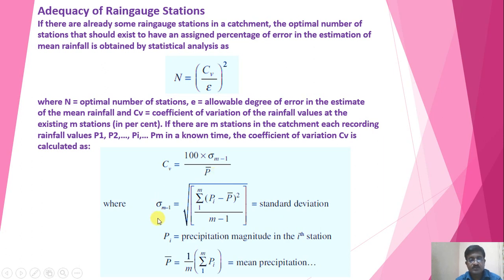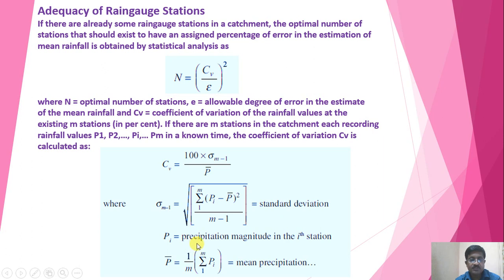This σ(m-1) is calculated with this formula: the square root of the summation of (Pi - P bar)^2 divided by (m-1). This is the standard deviation.